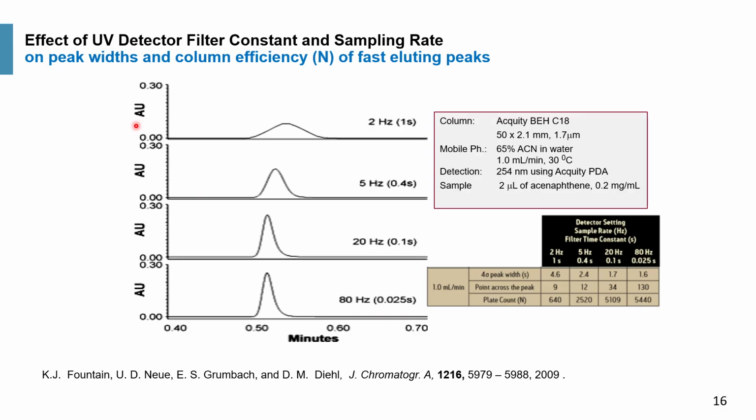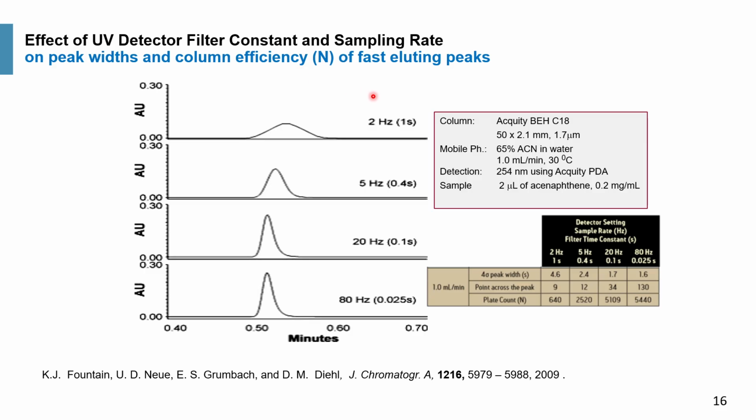This example case study is the effect of UV detector filter constant, or the response time, and also the sampling rate from your CDS, on the peak width and on column efficiency for a fast eluting peak.